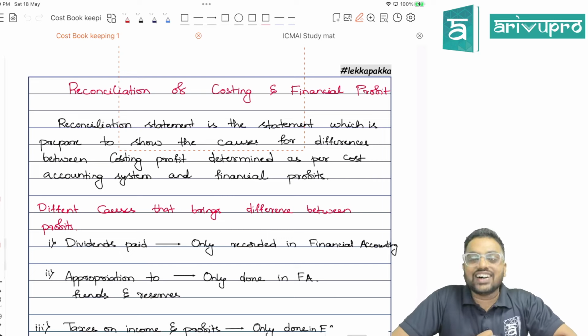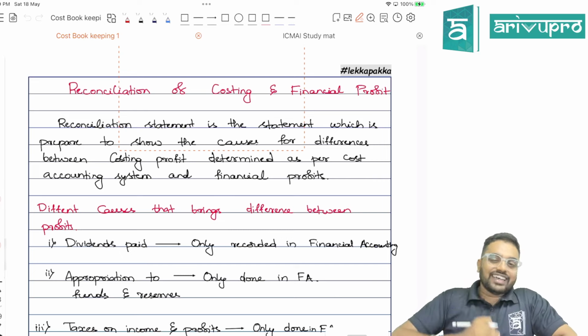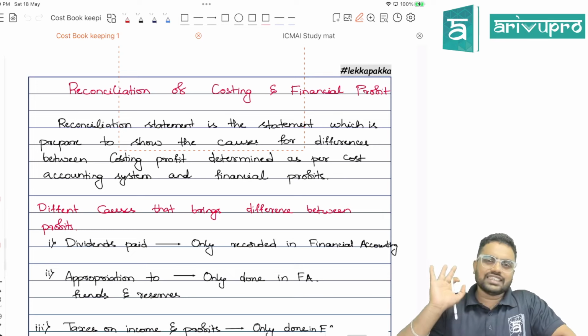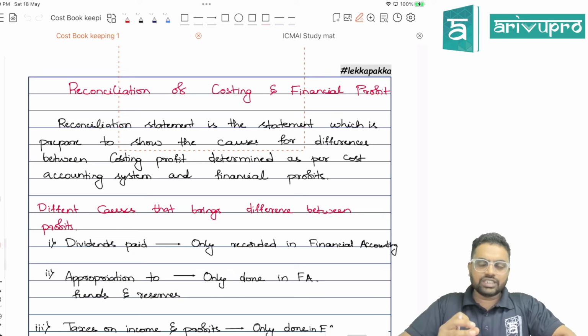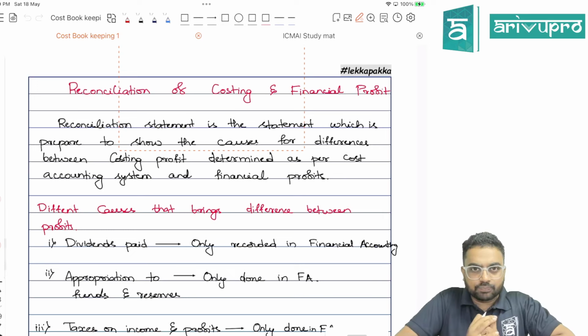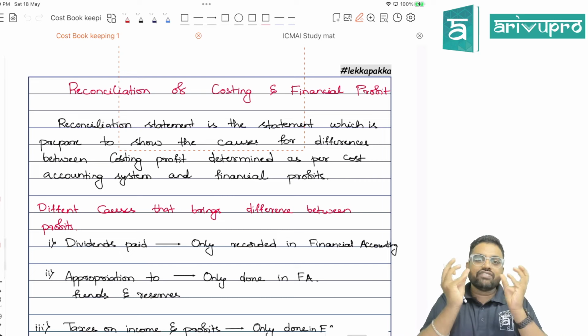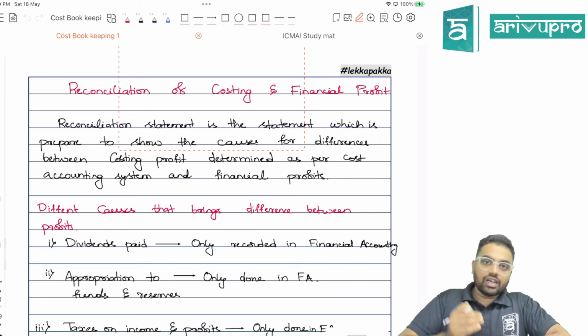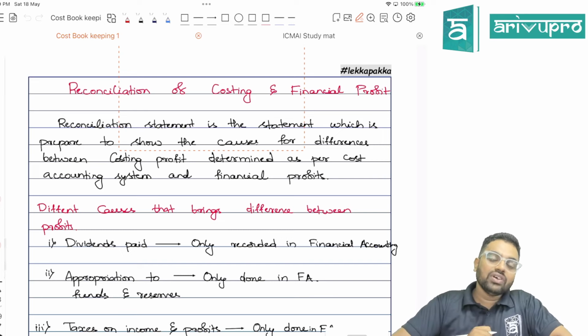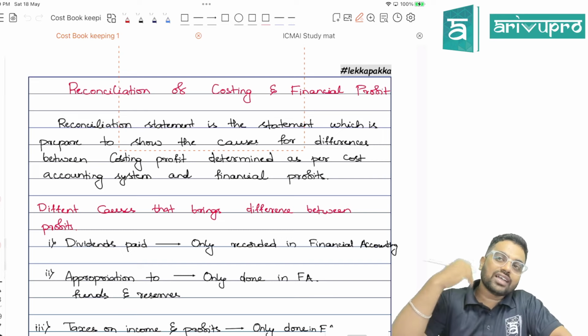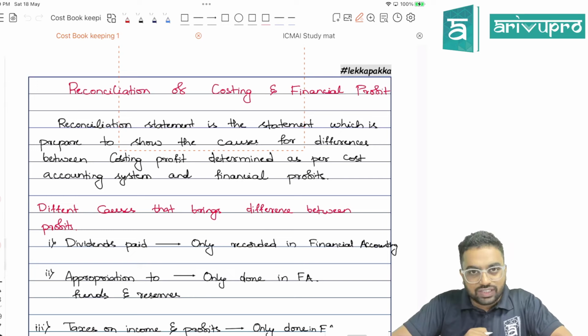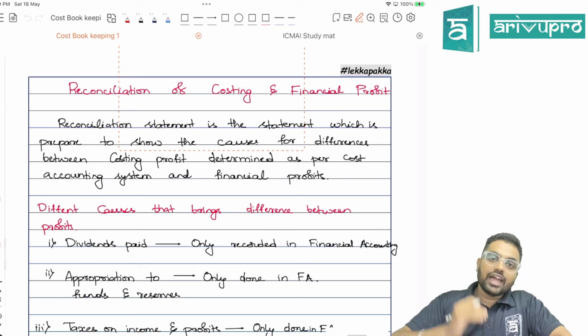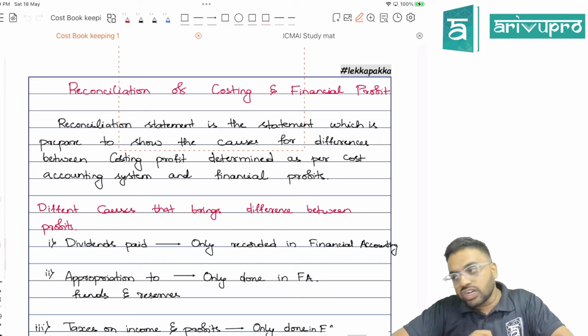See, whatever reconciliation it is, reconciliation means there will be 2 points and there will be a difference between those 2 points. In reconciliation, we will identify what are the causes for the difference between those 2 points and we try to eliminate those causes.